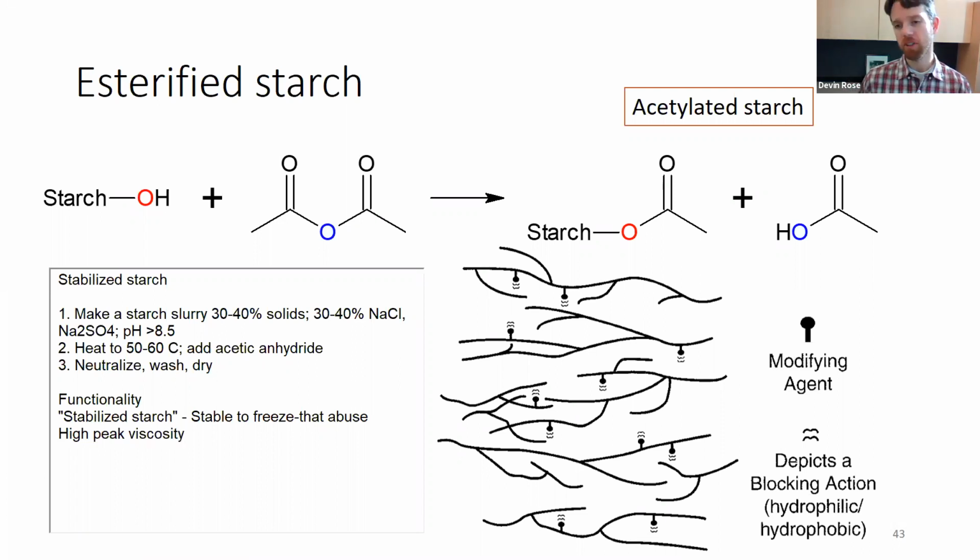So that's the opposite of the converted starch that has a thin boiling or a low peak viscosity. This one has a high peak viscosity. And so it's useful in frozen foods, condiments, things where we don't want syneresis to happen.